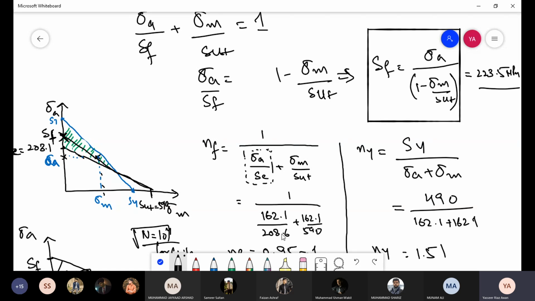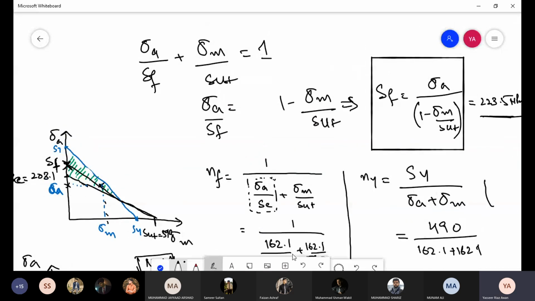It's near the endurance limit because our safety factor was 0.95. Okay, so it means we are close to infinite life. So this fatigue strength turns out to be 223.5 megapascal. Had the endurance limit been this, your fatigue safety factor for infinite life would have been 1. Okay. But now obviously it is less than 1, so you don't have infinite life, we have some finite life.